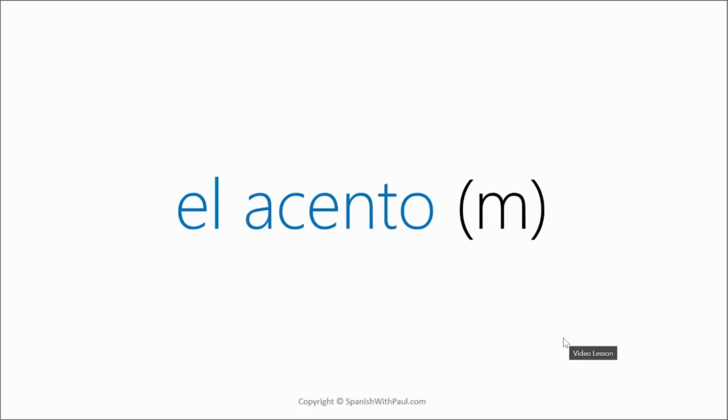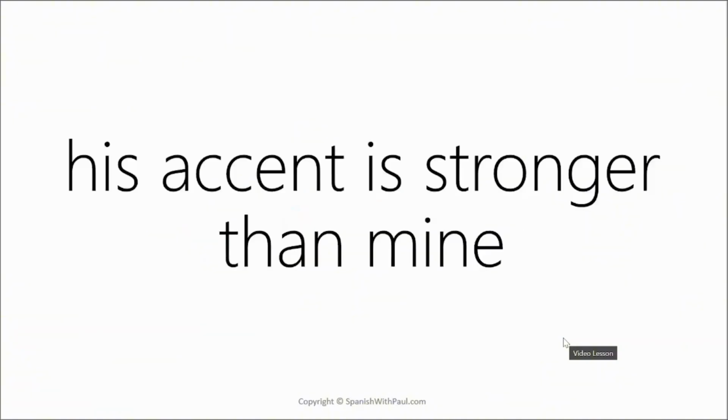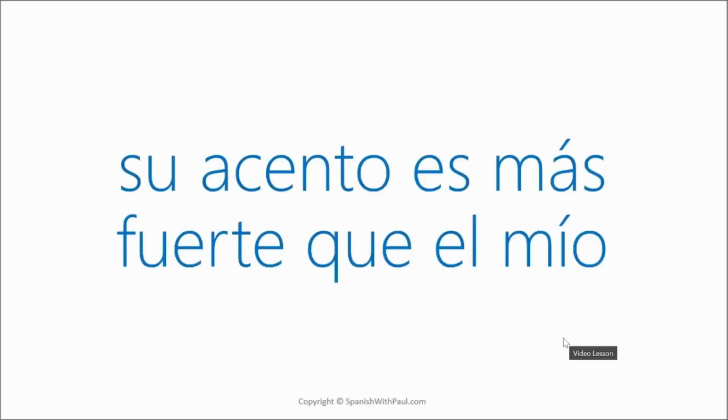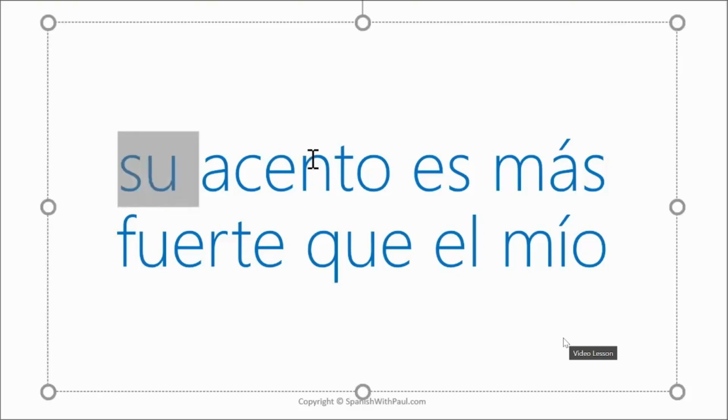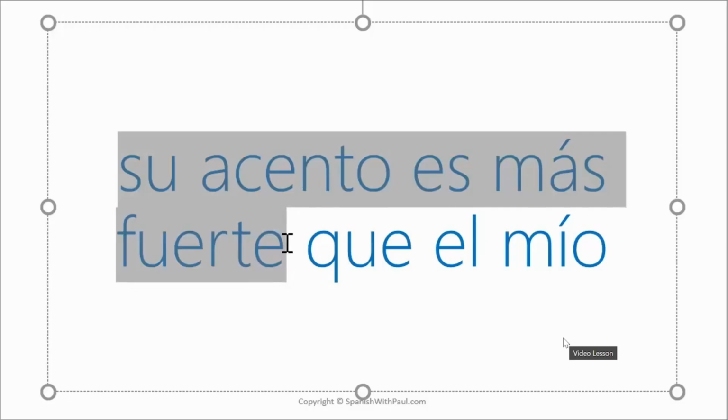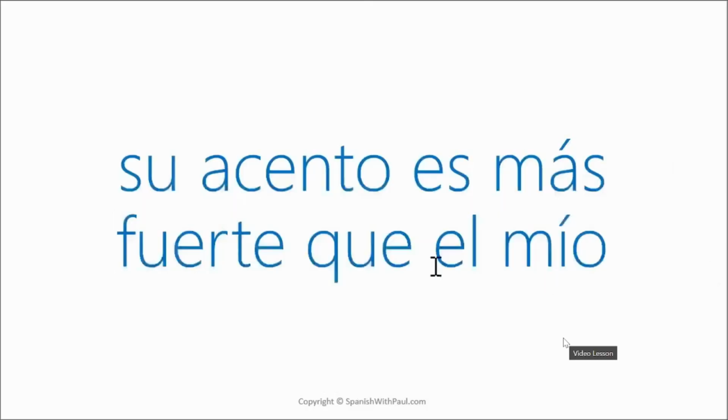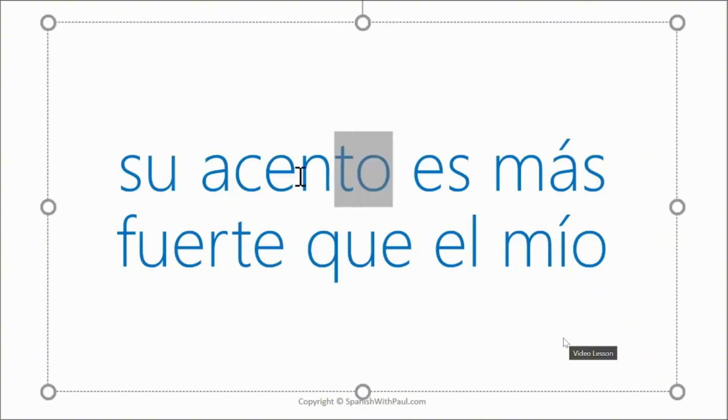So if we had a phrase something like, his accent is stronger than mine, this would be su acento es más fuerte que el mío. So his accent, su acento es más fuerte, is stronger than mine, que el mío. I'm choosing el mío because I am referring to el acento.